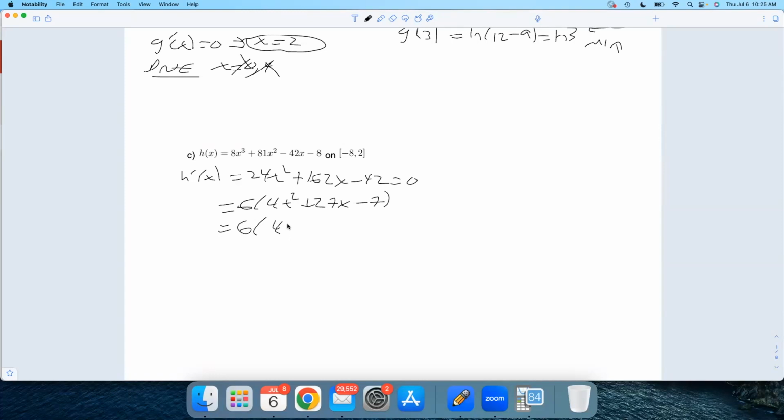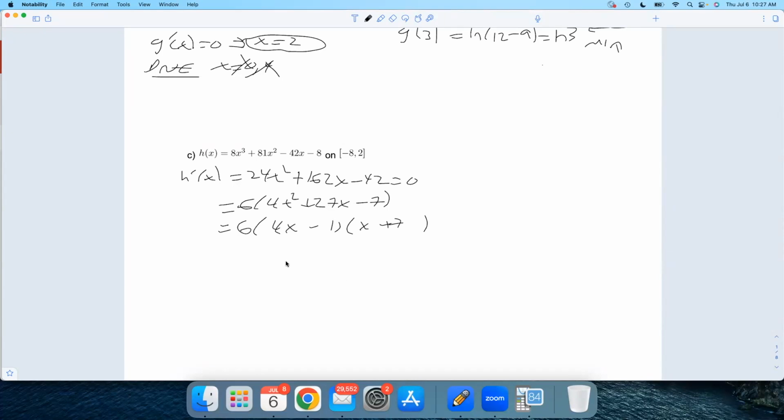I think we get 4x and x, and I think we're going to get here a +7 and a -1. Does that do it? Yeah, that would be 28x minus 1x is 27x.